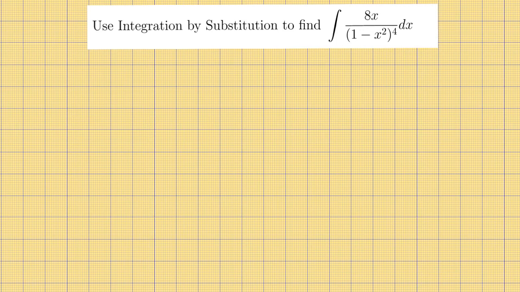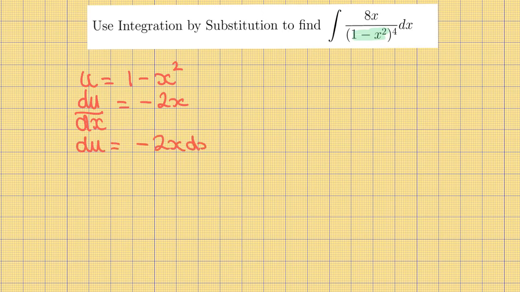The parent function in this case is 1 minus x squared, so put that equal to u, so u equals 1 minus x squared, so du over dx is equal to minus 2x. Rearrange, so you get du equals minus 2x dx, so dx is equal to minus du over 2x.